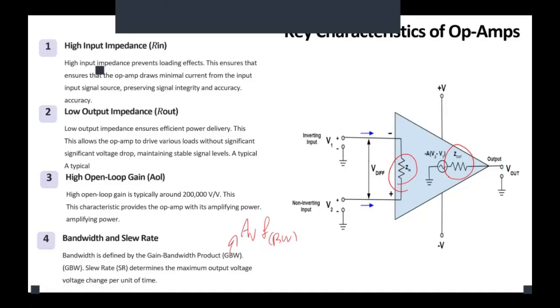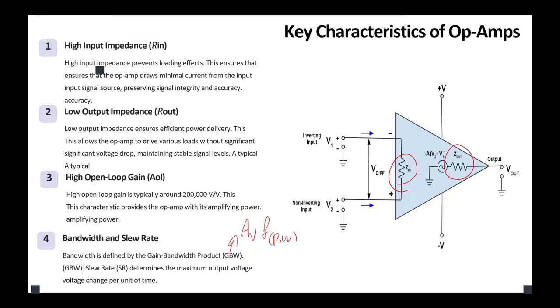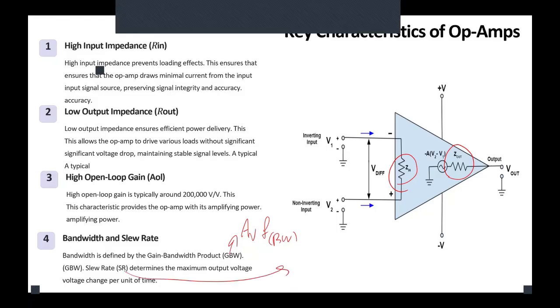Another characteristic is the slew rate, which tells us how fast the output voltage can change. It can be defined as dV out over dt, and the normal unit for that is volts per microsecond.